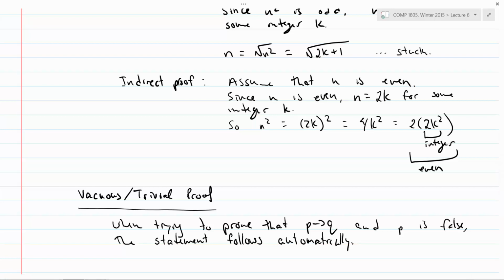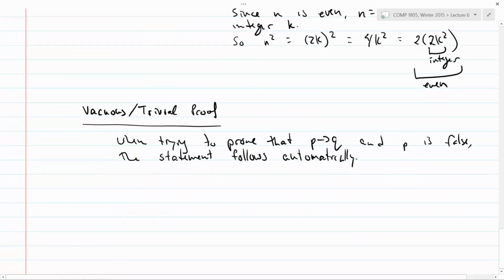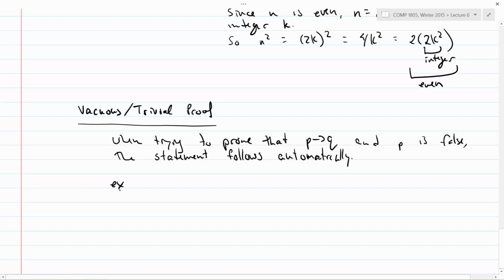All right? So if I wanted to do something silly like this, let's let P(n) denote the statement, if n is bigger than 1, then n squared is bigger than n. And I wanted to prove that P(0) is true.